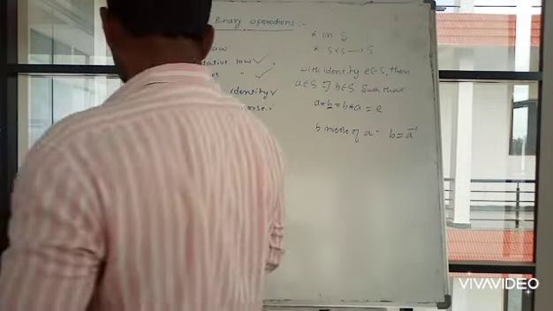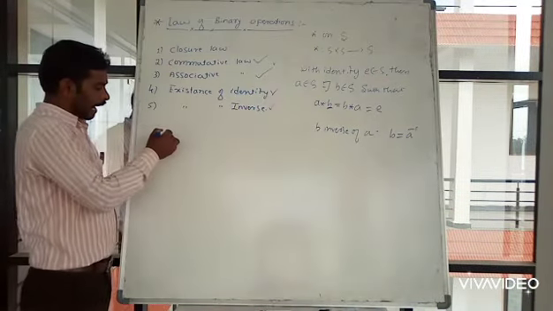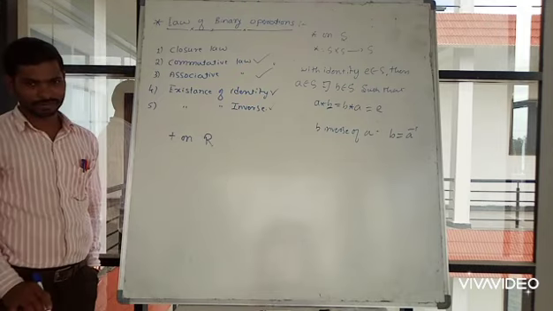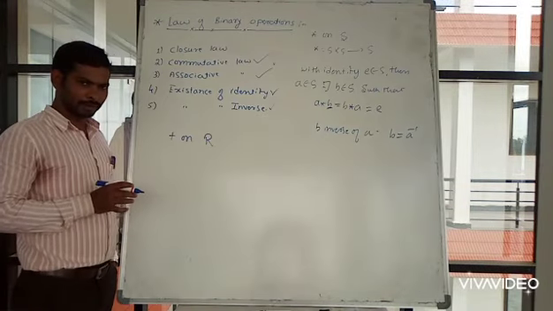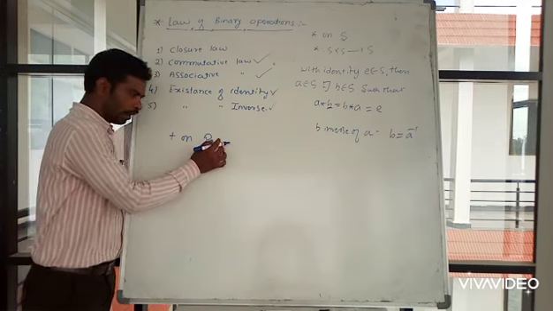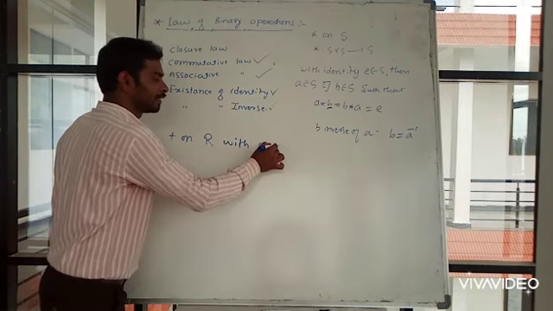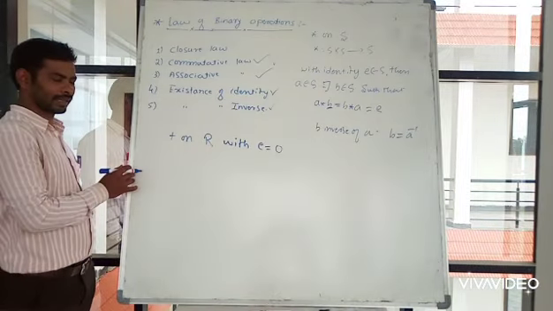See, this is the inverse function. Addition is a binary operation on the set of real numbers, with the identity element E equal to 0, which we discussed in the last lecture.